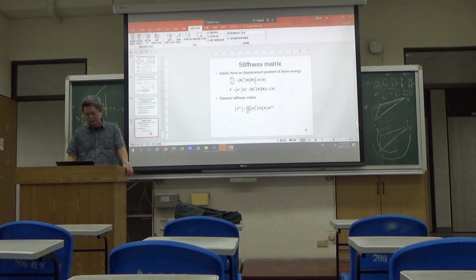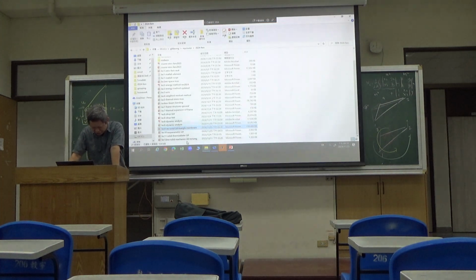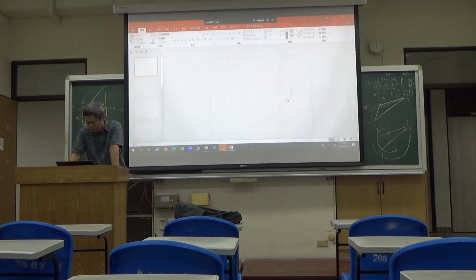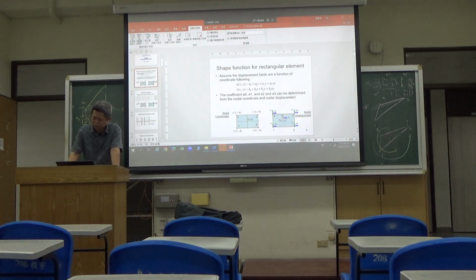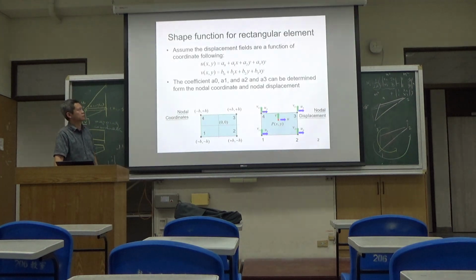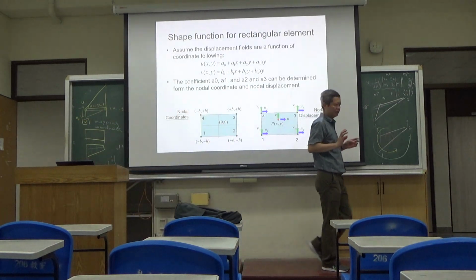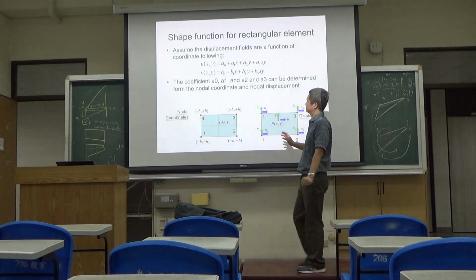Okay, so let me show you the quadrilateral element. Let's see if you can see that. Now you're going to see that if you enter the rectangular element, the interpolation is going to be different.